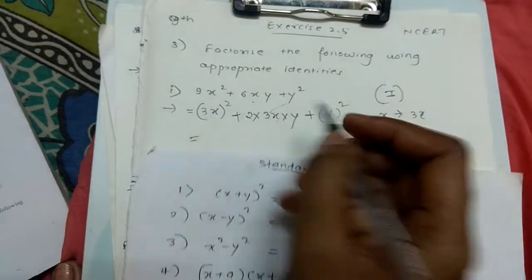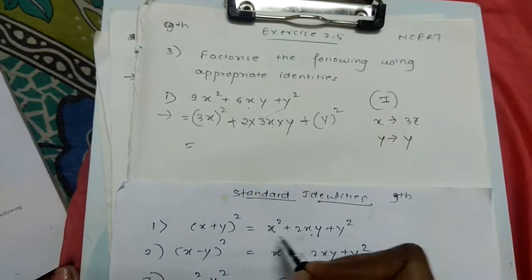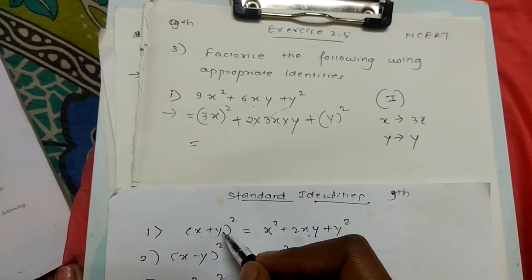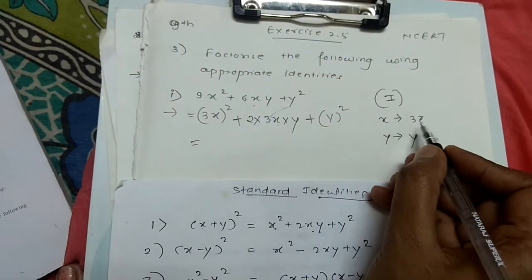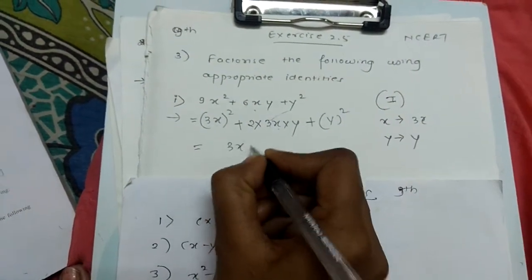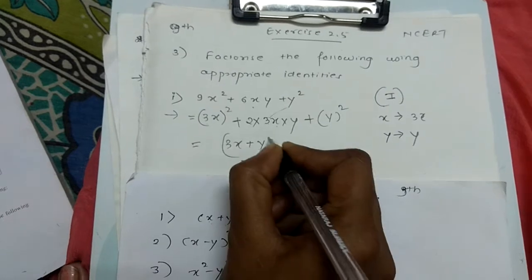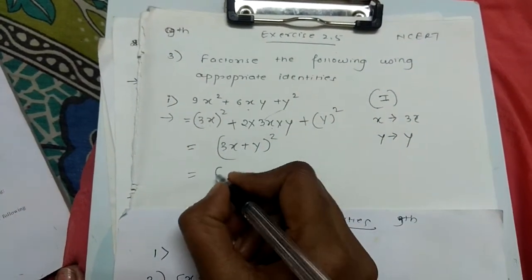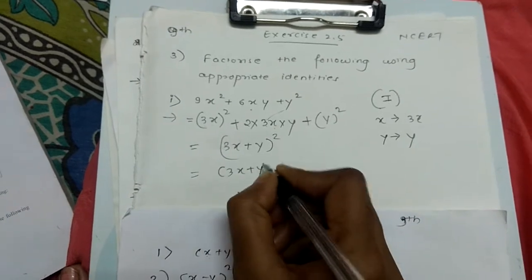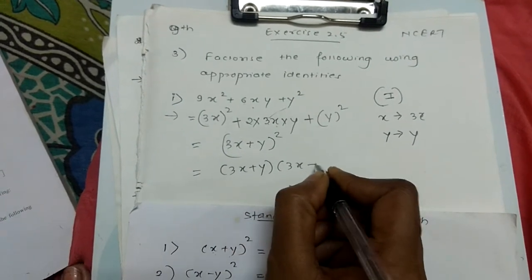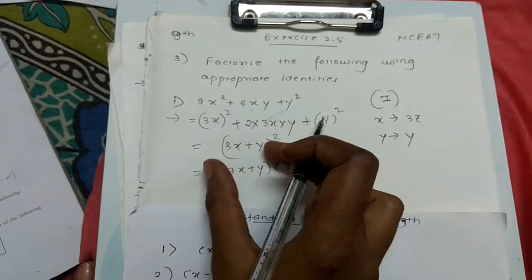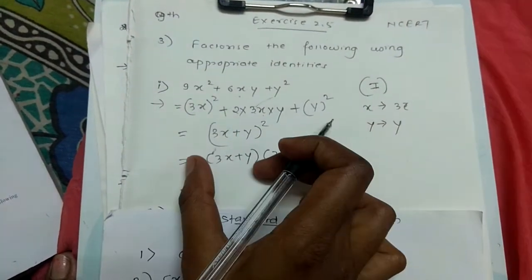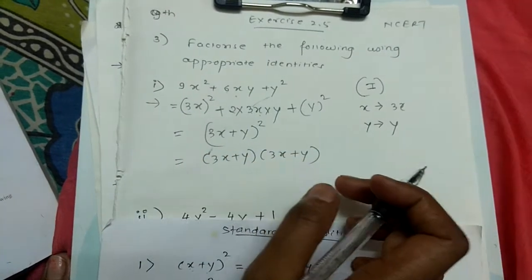So this is the RHS we got, which equals the LHS, x plus y the whole square. Here our x is 3x and y is y only, its square. As it is factorization, you have to write it in expanded form, that is 3x plus y into 3x plus y, because square means you have to multiply 2 times. Factorization is writing in product form.